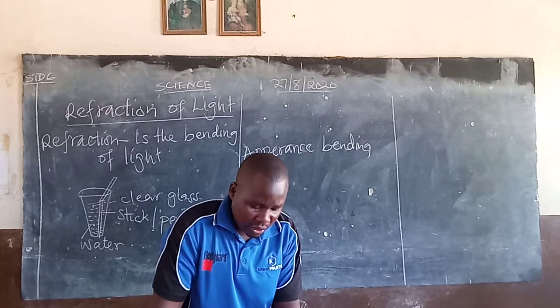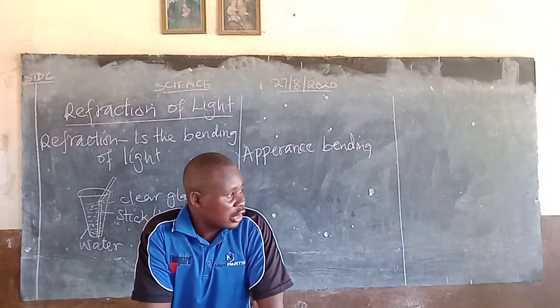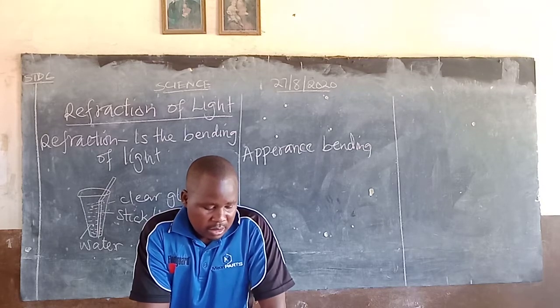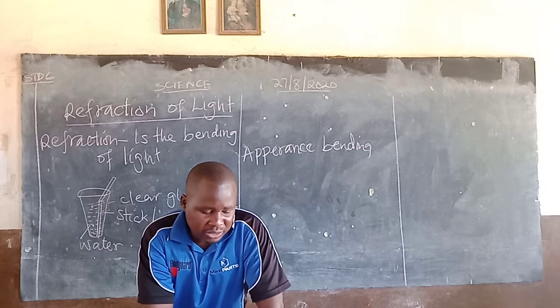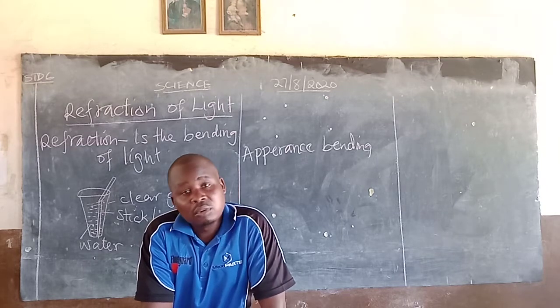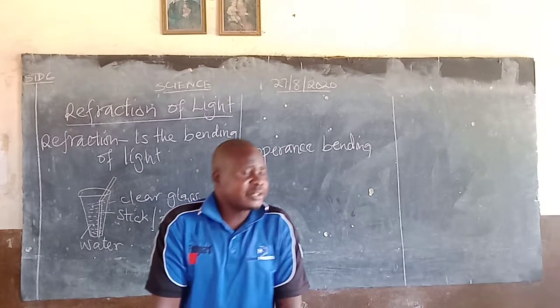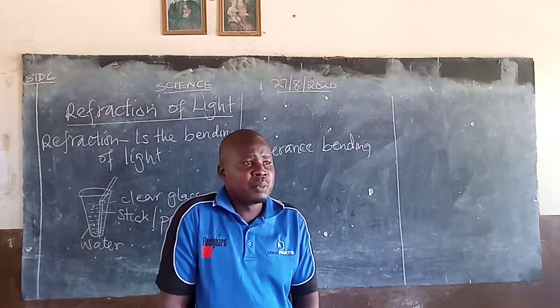Now, the rising of the coin is also said to be appearance bending, because the real coin is at the base of the glass of water. We can also see another example in a swimming pool.